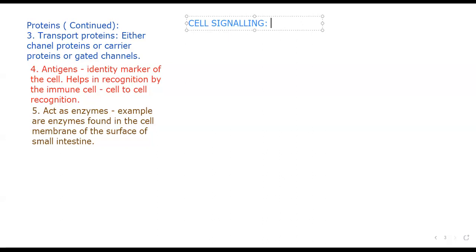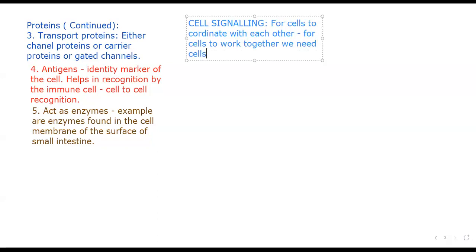So for cells to coordinate with each other, for cells to work together, we need cells to be able to communicate with each other, right?